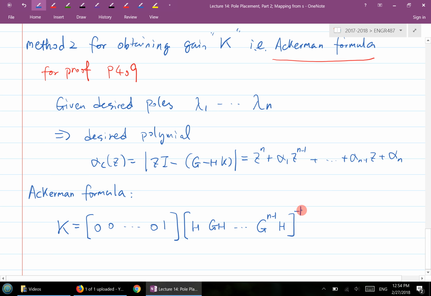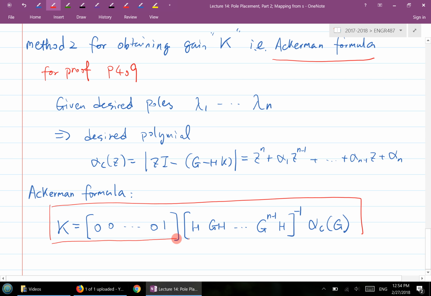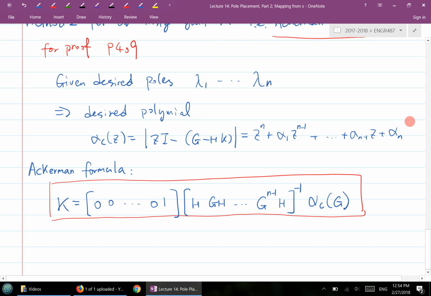And then multiply by alpha c of G. That's Ackermann's formula. The first two matrices are fairly straightforward.